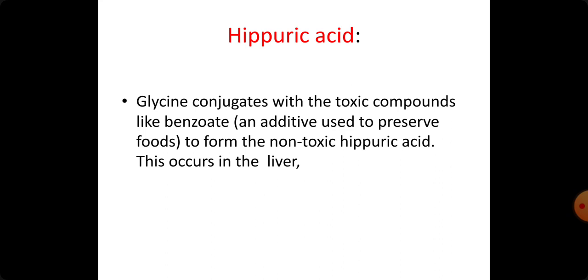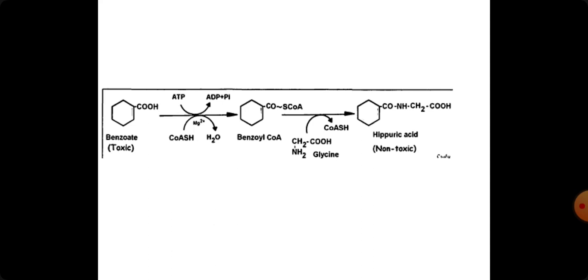This compound formation takes place in liver and excretion is by kidney. Here is the diagram: a benzoic acid molecule is first converted into benzoyl CoA by expenditure of one ATP molecule, and this benzoyl CoA then reacts with glycine to form hippuric acid, which is excreted into urine.